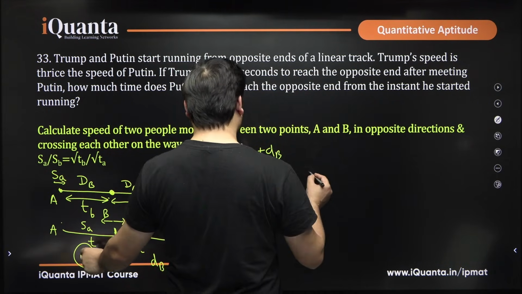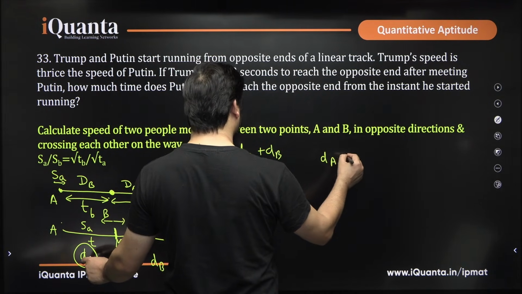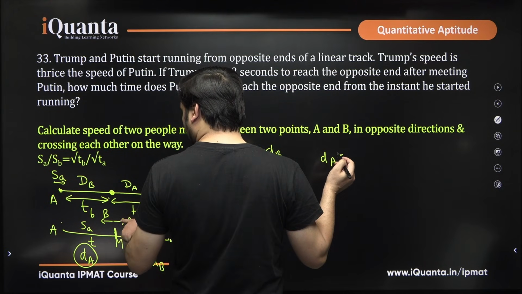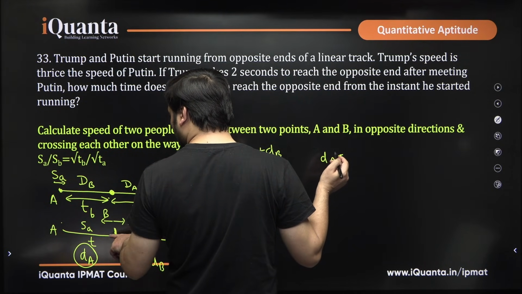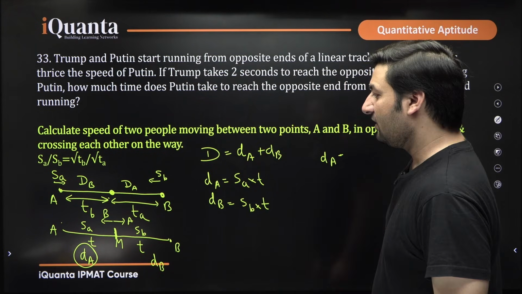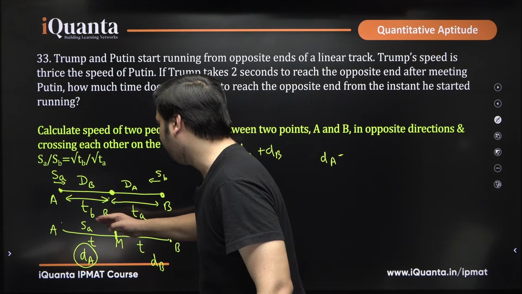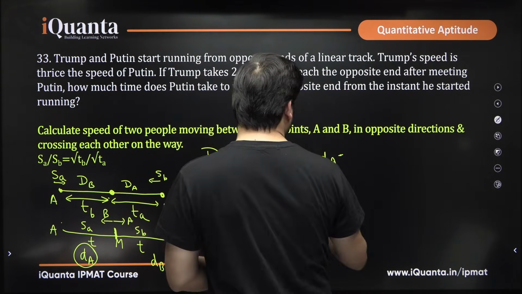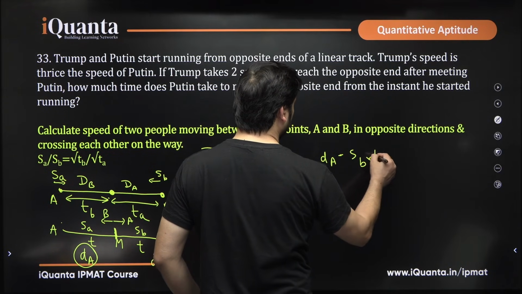So can I say that dA will be SB into TB, yes or no? dA will be speed of B into time taken by B.